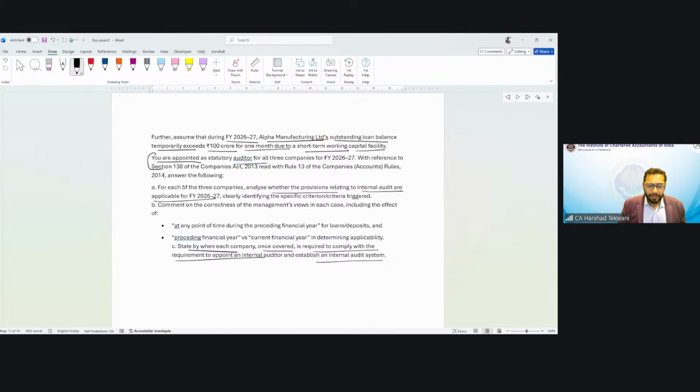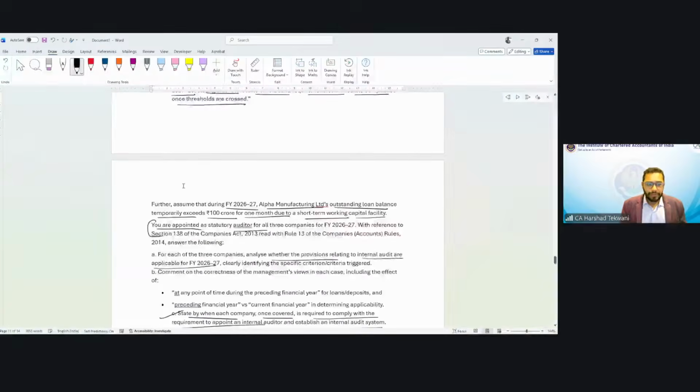We have also discussed this; this is also done. Only this point is remaining that we need to discuss. Further assume that during FY 26-27, Alpha Manufacturing's outstanding loan balance temporarily exceeds 100 crores for 1 month due to a short-term working capital facility. Do you think it will make any change or any difference? Now let me go to Alpha Manufacturing again.